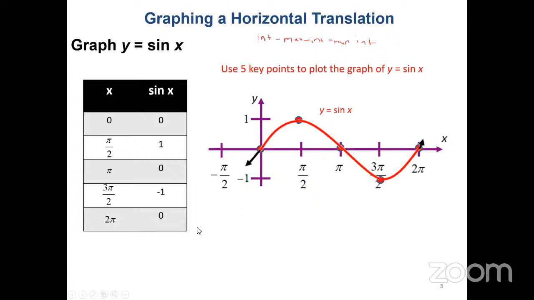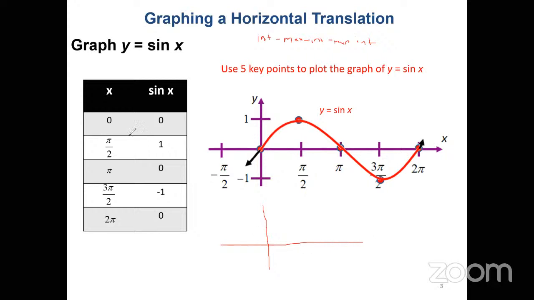In the case of cosine, I'm going to show you cosine. Please sketch it. We still are going to use 0, pi over 2, pi, 3 pi over 2, and 2 pi.